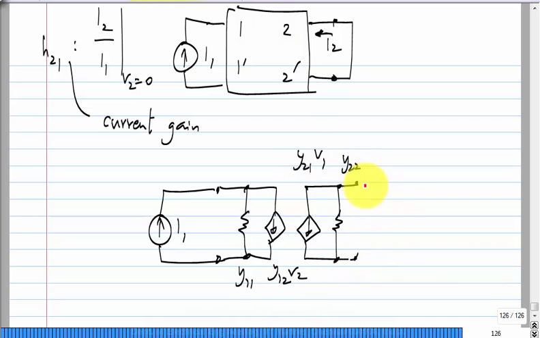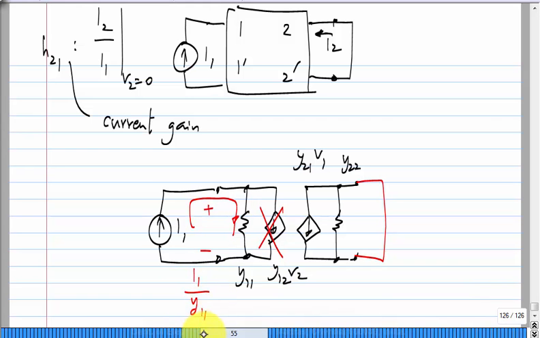This is now terminated in a short circuit. So what is the value of V2 in this case? What is V2? 0. So this control source goes away, right? So this current simply flows into Y11. So what is the voltage V1 developed across port 1? I1 divided by Y11.